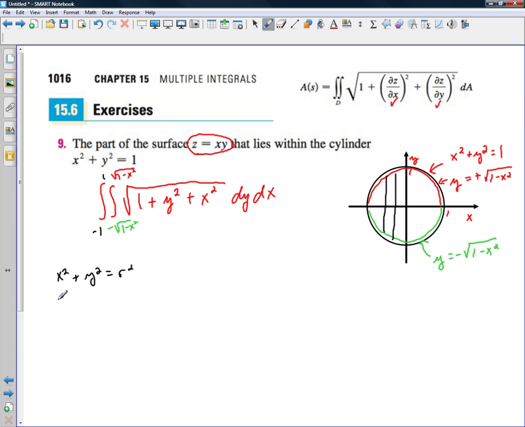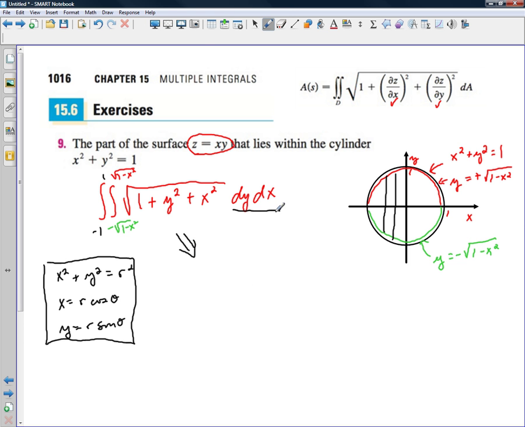And if we need it, x equals r times the cosine of theta, and y equals r times the sine of theta. So those are our conversion formulas, and let's dip into this just a little bit here. Remember, our dy dx is going to be replaced by r dr d theta.